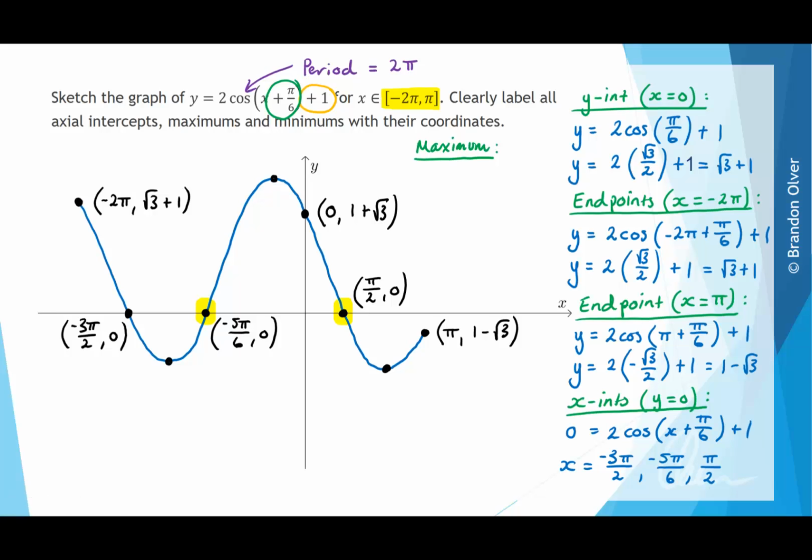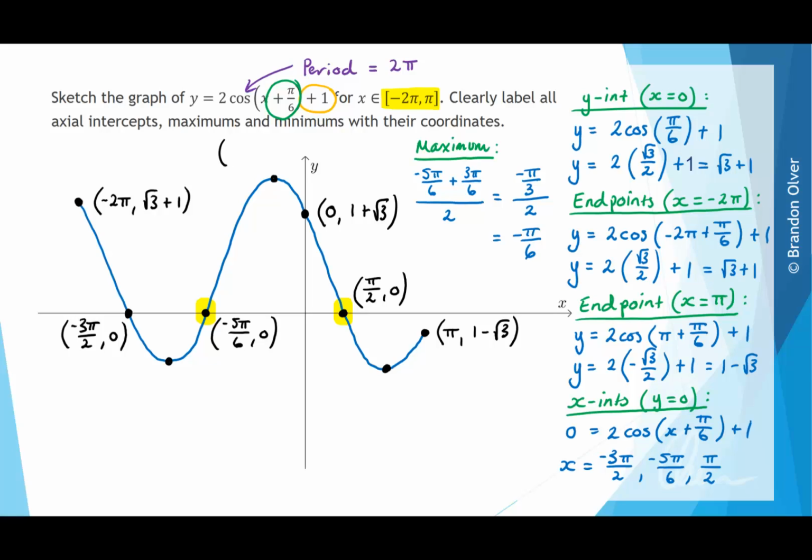So to find the average, we're going to take minus 5 pi on 6, add pi on 2, which I'm going to write as 3 pi on 6, and divide all of that by 2. So we have minus 5 pi on 6 plus 3 pi on 6, which is going to be minus 2 pi on 6. But minus 2 pi on 6 is just minus pi on 3. And then we divide that by 2, which gives us minus pi on 6.